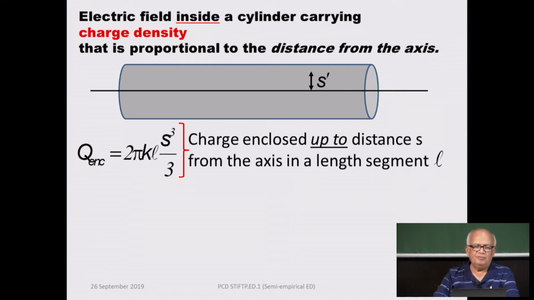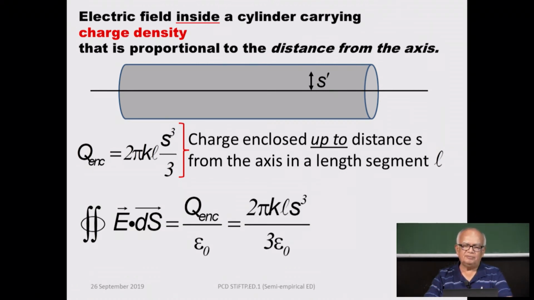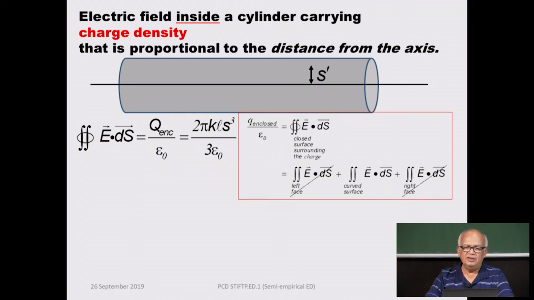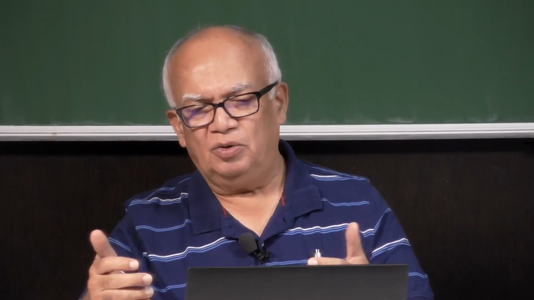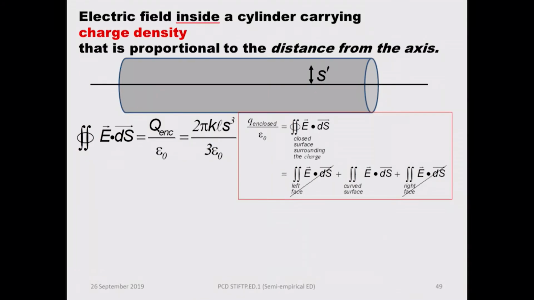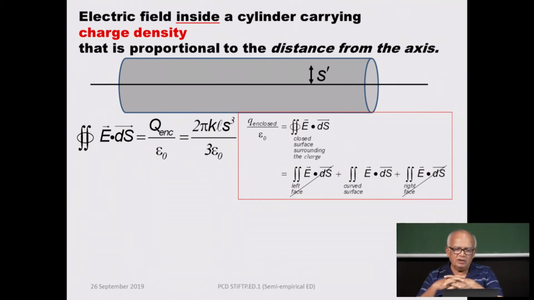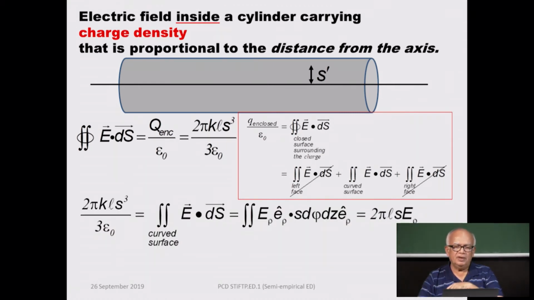So, you have determined the total charge up to a radial distance S away from the axis. That goes as the cube of S. What about the surface integral E dot ds itself? You calculate it using the same kind of thing, construct a Gaussian pillbox. You have a left face and a right face which have normals in opposite directions, so those contributions cancel, and then you have the integration over the curved surface.